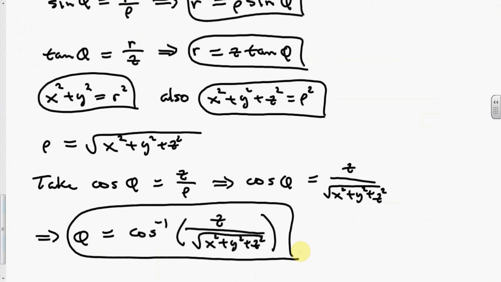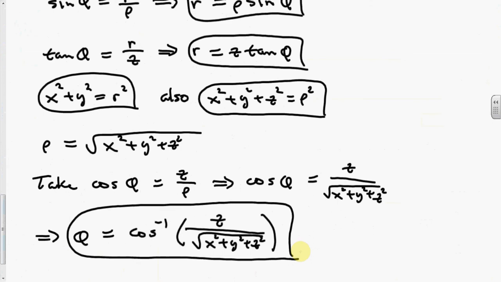So what I've tried to do was to derive from the graph all of those trigonometric forms that you need to be able to relate from rectangular to spherical to cylindrical in any given combination.